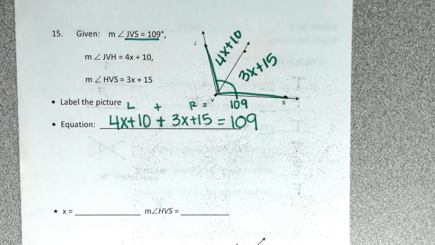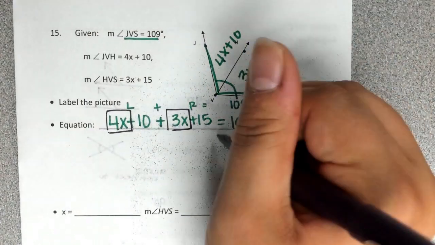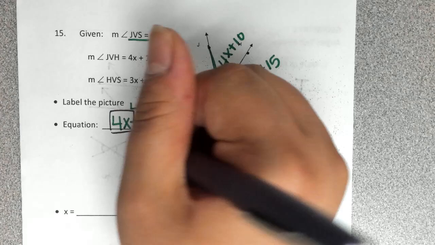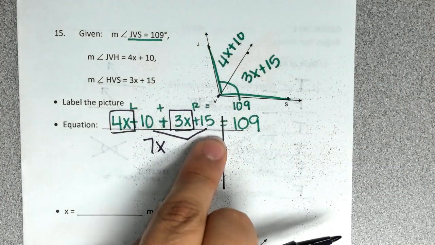And then combine your like terms. I have two x's. They are on the same side. What can I do to them? Add them. I have two regular numbers. What is 10 plus 15?